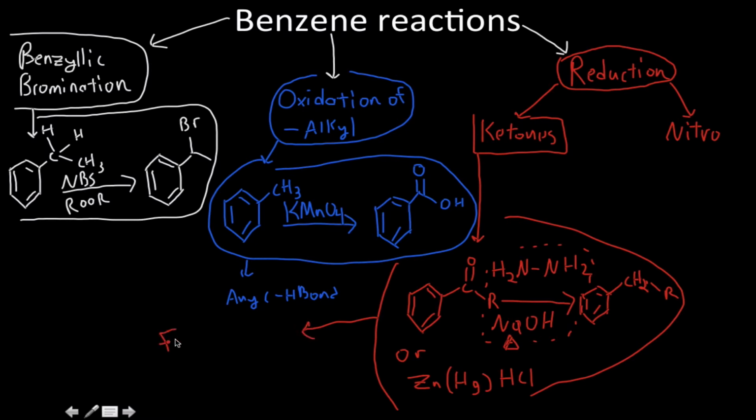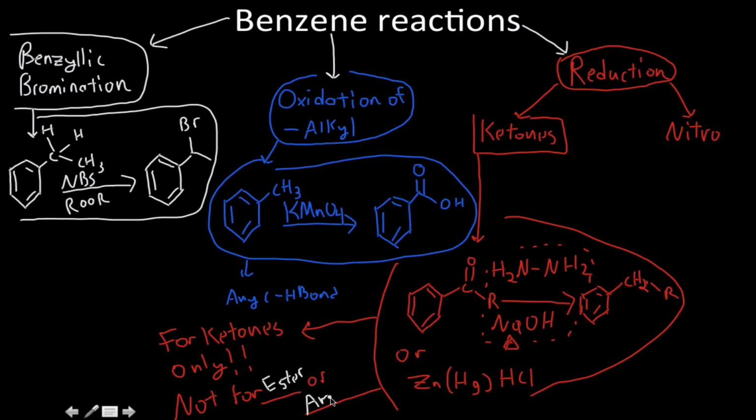It does not work for esters or amides. So I'll go ahead and draw that out there: not for an ester group or an amide group, and that'll make sense later.